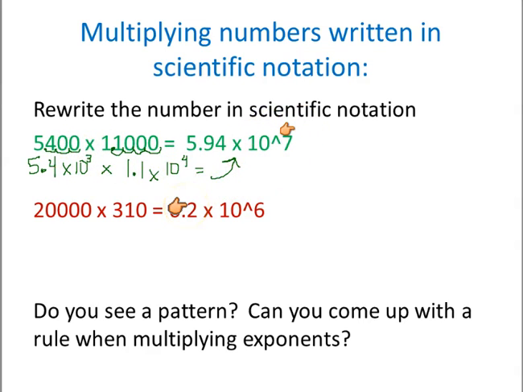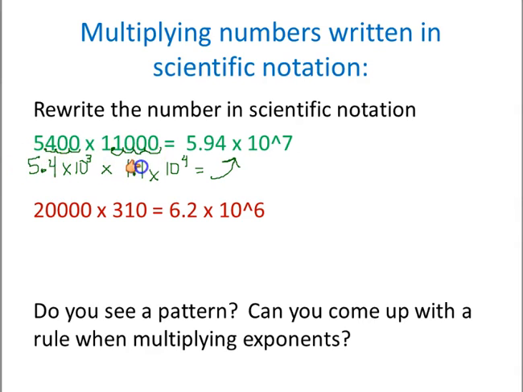And that ties back into the property of products that we learned in the beginning of chapter 7, where when we multiply two numbers with the same base, we add the exponents together. And that's what happens here. We add the exponents together. We also multiply the coefficients together.